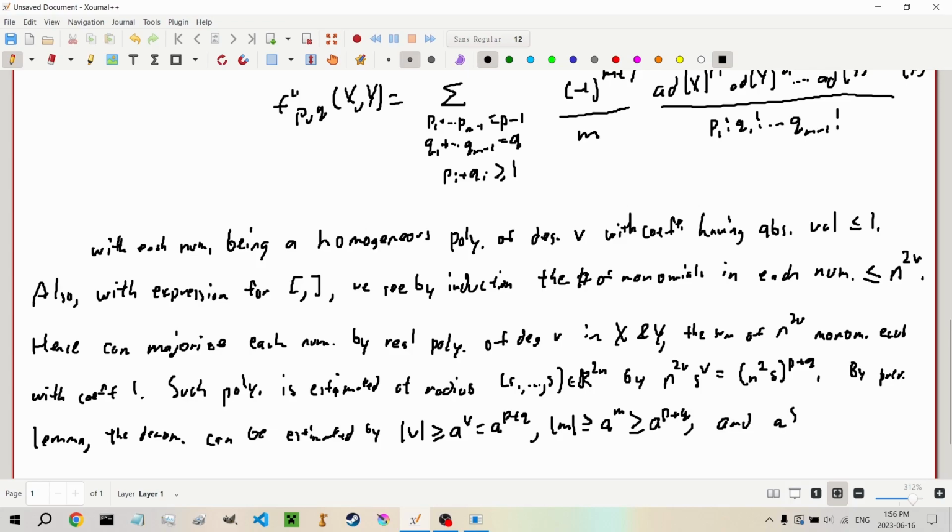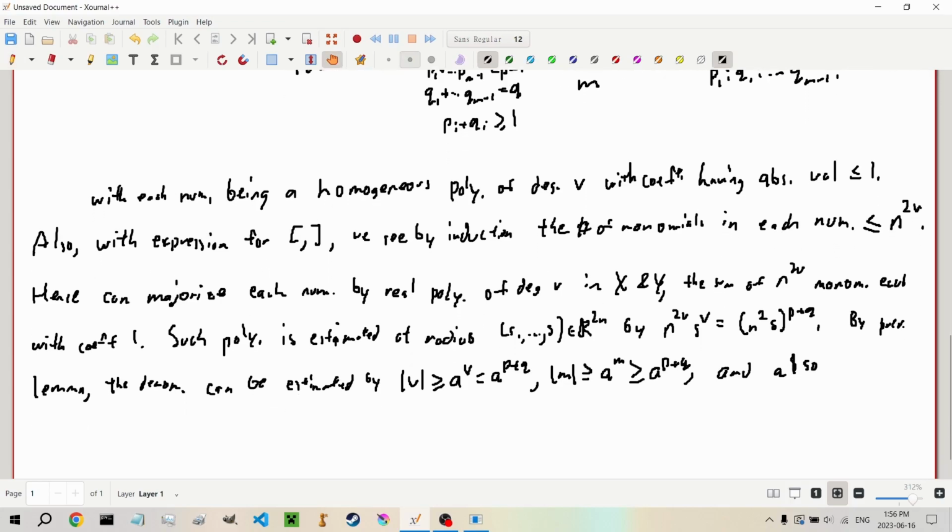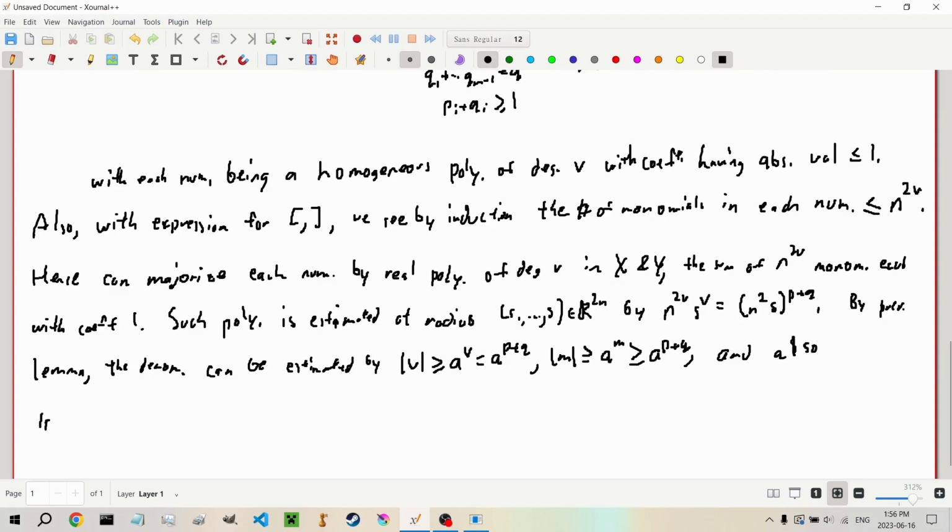And also our collections p1 factorial, q1 factorial through p m factorial, and p1 factorial, q1 factorial through q to the m minus 1 factorial, both of which are at most a to the sum of the pi and the sum of the qi, which is a to the p plus q.